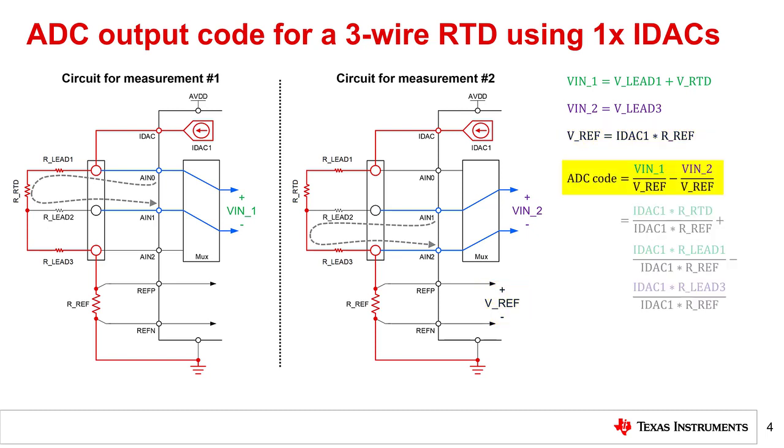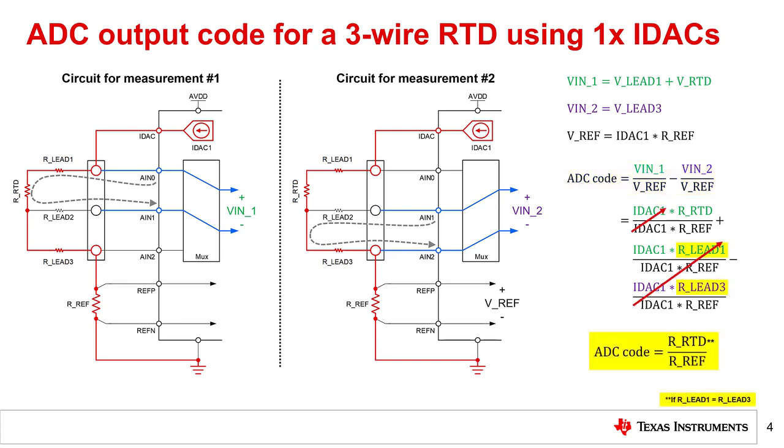Next, we need the equation for the ADC code. A simplified equation is shown on the right, which is just the input voltage divided by Vref. For now, we can ignore the different constants required to generate the actual ADC code because this just scales the final result. We can then apply the values for VN1, VN2, and Vref to the ADC code equation as shown.